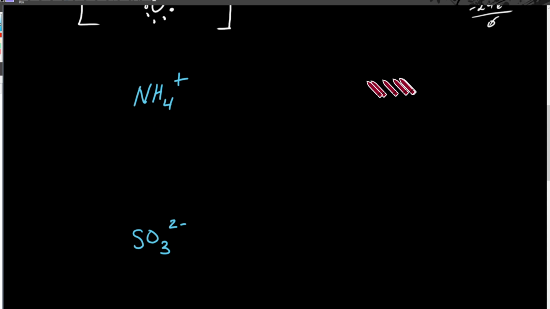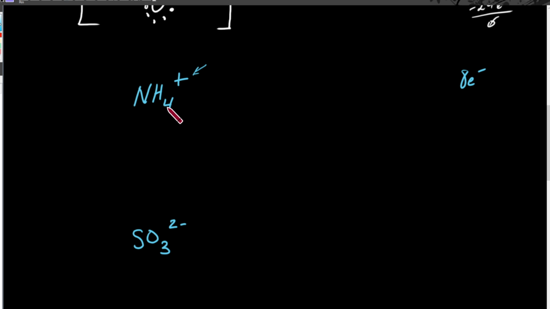Okay, nitrogen has 5. Each hydrogen has 1. But that's a plus charge. How do we get a plus charge? By losing an electron. We have 1 less electron to deal with. So that's a total of 8 electrons.